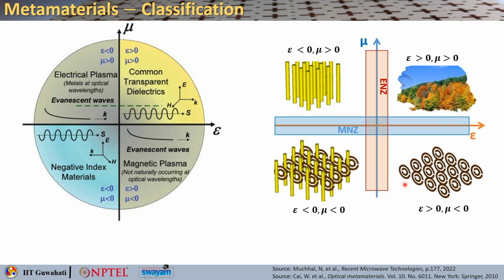You can have an array of split ring resonators which can give you negative permeability over a specific band, and when you club them together, an array of rods along with an array of split ring resonators, you can get simultaneous negative permittivity and permeability.